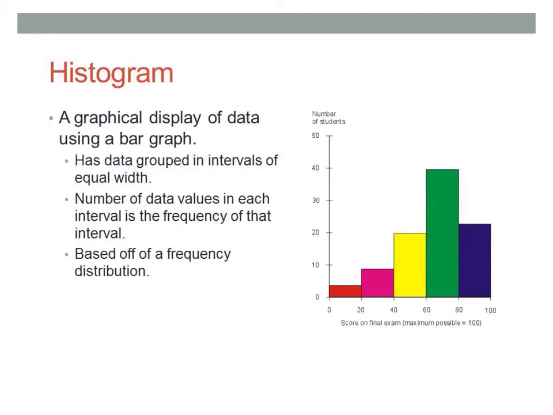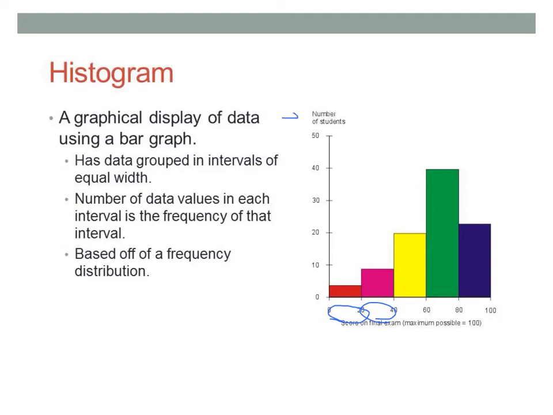Okay, and the last thing we want to talk about is a histogram, and there's a few key characteristics of a histogram. So on the bottom, we have these groups of data. So we have like 0 through 20, 20 through 40. So the data is grouped into intervals that have equal widths, and so the same interval per category there. And what a histogram shows is a frequency.